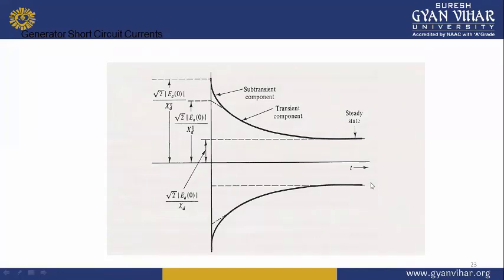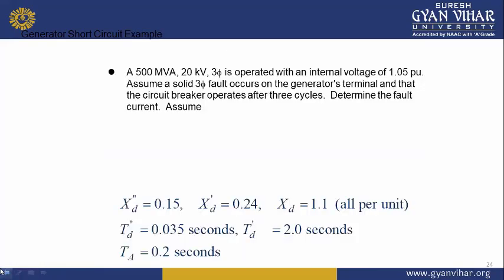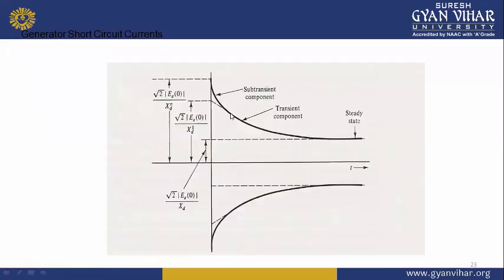If the transient envelope is extrapolated backward in time, the difference between the transient and the sub-transient envelopes is the current delta I double dash. So the difference in the current, if I extrapolate it, will be delta I double dash, corresponding to the damper winding current, which decays fast according to the damper winding time constant.